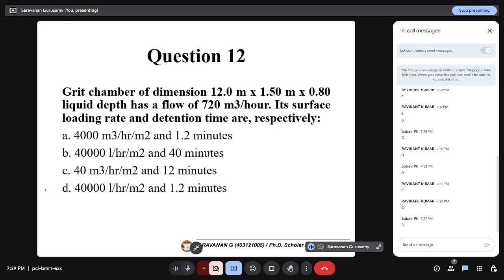Now think about the grit chamber. The dimensions are given as 12 meter, 1.5 meter. If you are given three values like this, always take the first as length, the second as breadth or width, and the third as depth or height. LBH is the standard method of denoting the size of the tank. The liquid depth is 0.8, with a flow rate of 720 meter cube per hour. This is the Q they have given.